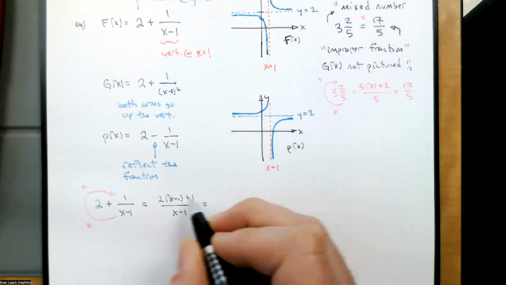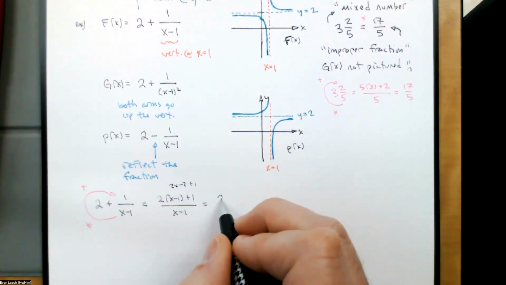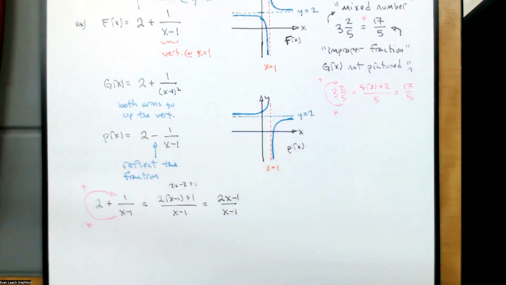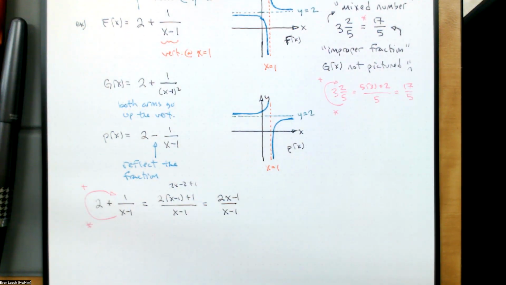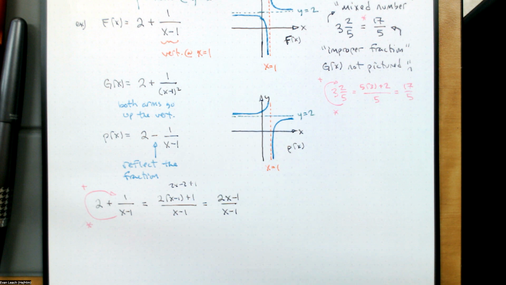And then I simplify this as 2x minus 2 plus 1. So 2x minus 1 over x minus 1. So 2x minus 1 over x minus 1 is the same function as 2 plus 1 over x minus 1, in the same way that 3 2/5 is the same as 17/5.